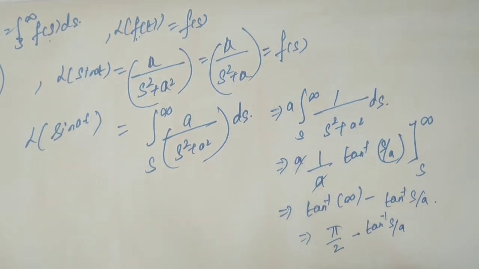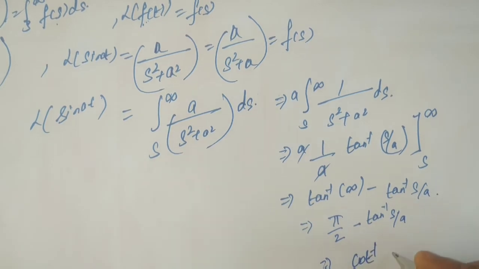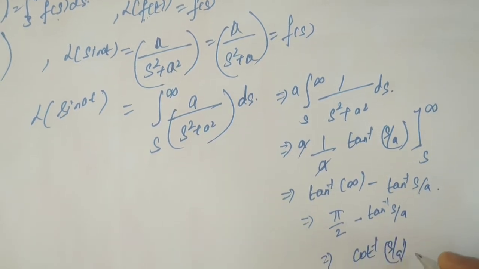As we know by basic allied angles, pi by 2 minus tan inverse of s by a will be converted to cot inverse of s by a.